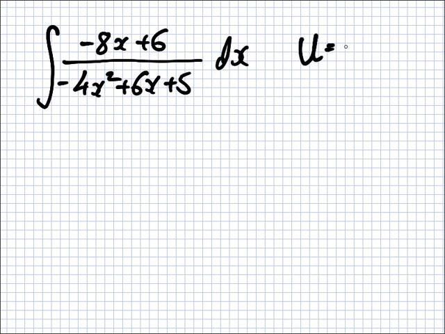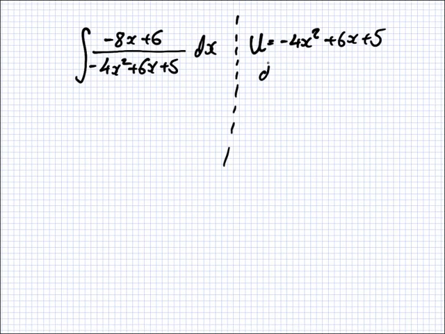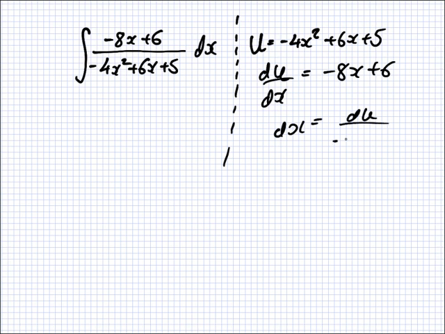U equal to minus 4x squared plus 6x plus 5. Du dx, what's that equal to? Minus 8x plus 6. So that means dx is du over minus 8x plus 6.